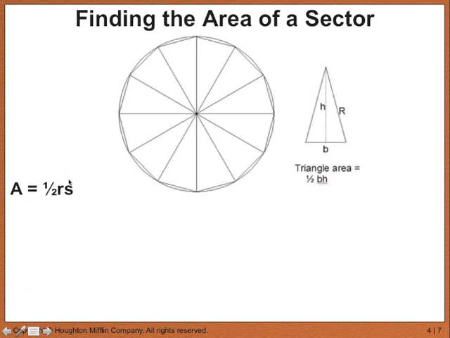It's just that B approaches S and H approaches R as the number of small triangles approaches infinity. All right, so that's the derivation of A equals 1/2 RS.